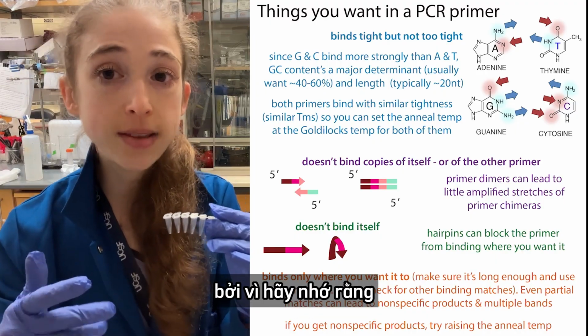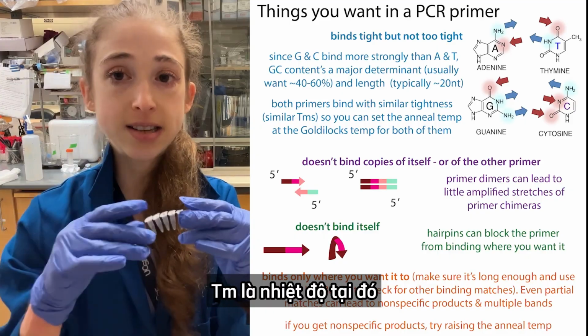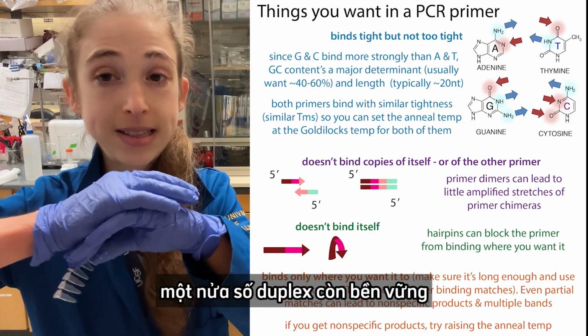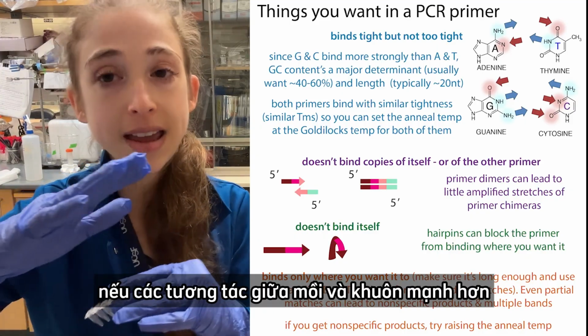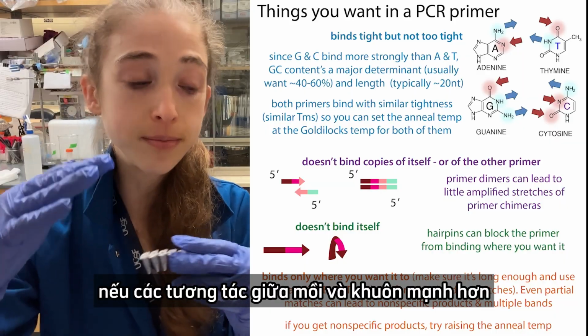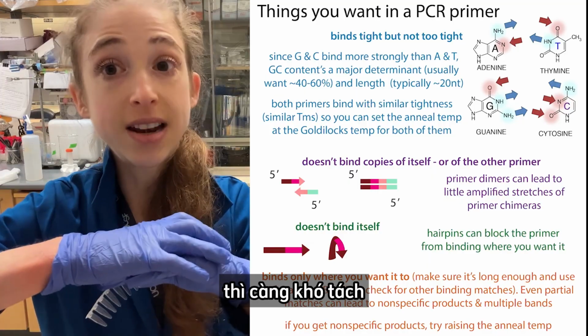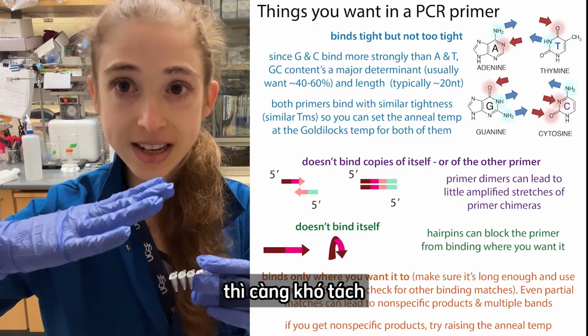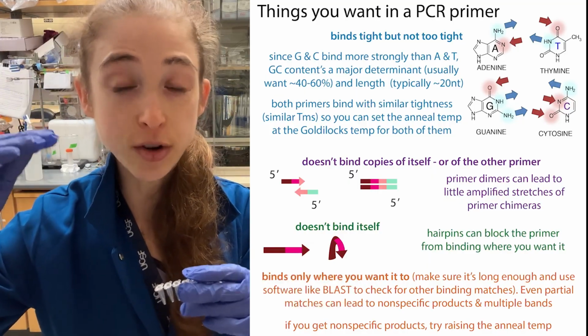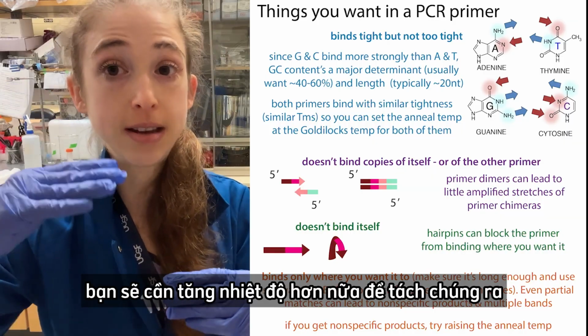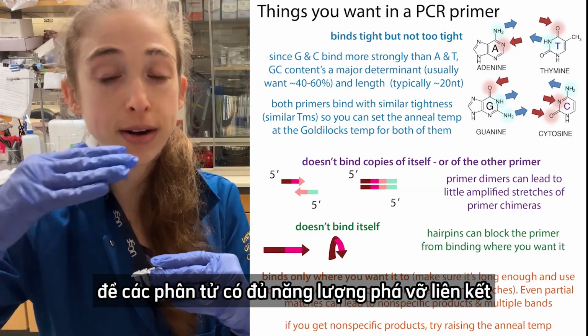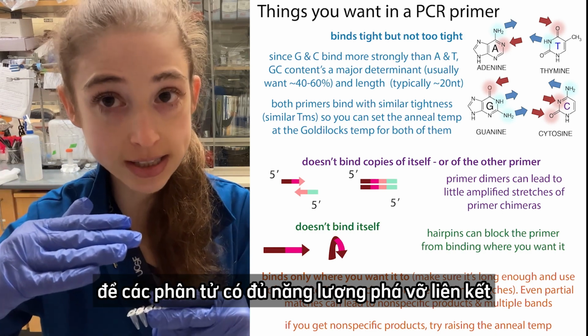This is because, remember, the TM represents the temperature at which half of the duplex is stably stuck together. And if you have stronger interactions, stronger attractions between them, then it's going to be harder to unstick. You're going to get a higher TM. You're going to have to raise the temperature further for the molecules to have enough energy to break free from those attractions.